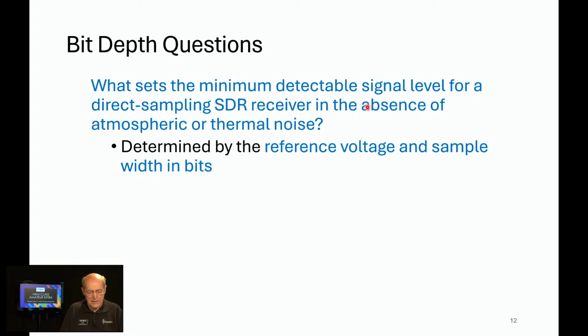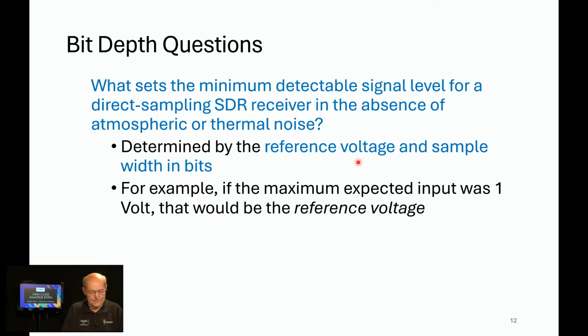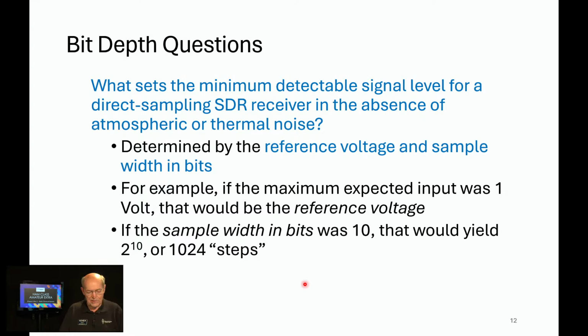The minimum detectable signal level is determined by the reference voltage and the sample width in bits. So if the maximum expected input was 1 volt, that would be the reference voltage. If the sample width in bits was 10, that would yield 2 to the 10th or 1024 steps. So the minimum signal that could be detected would be 1,000th of a volt or 1 millivolt. Just kind of reconnecting this in all different ways for you.